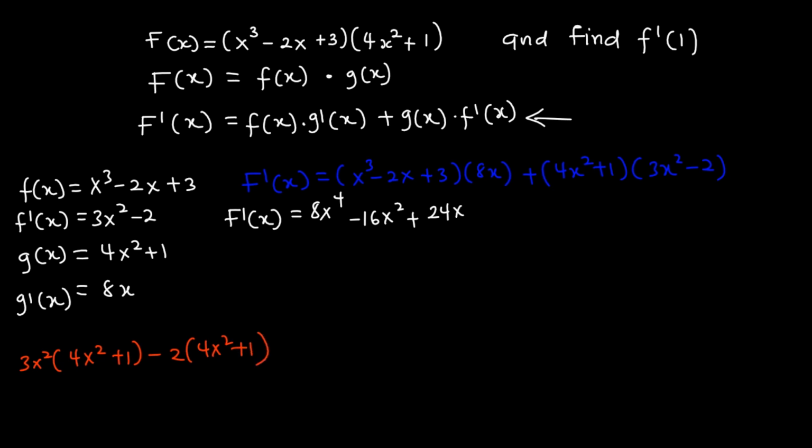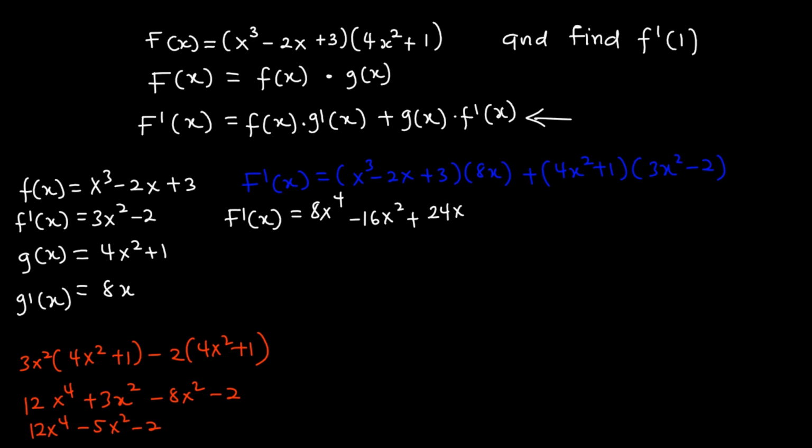Let's simplify this. You're going to have 12x to the power 4 plus 3x squared, then minus 8x squared minus 2. Simplifying, you're going to have 12x to the power 4 minus 5x squared minus 2.